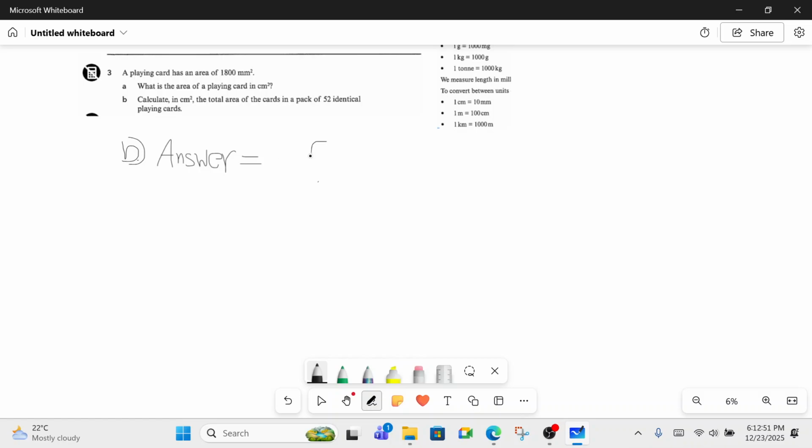So from question A, the area in centimeter square equals 18 centimeters square.